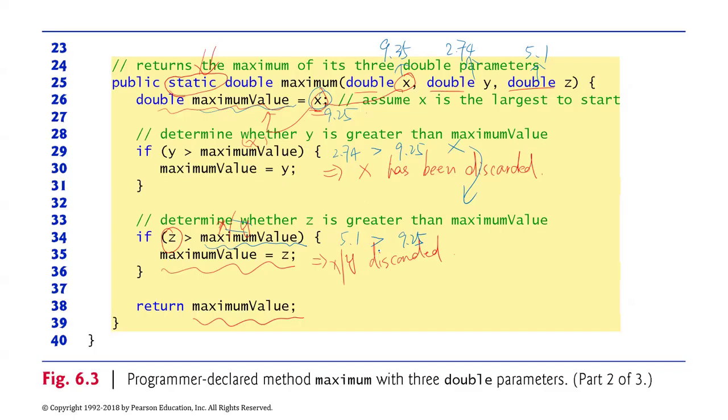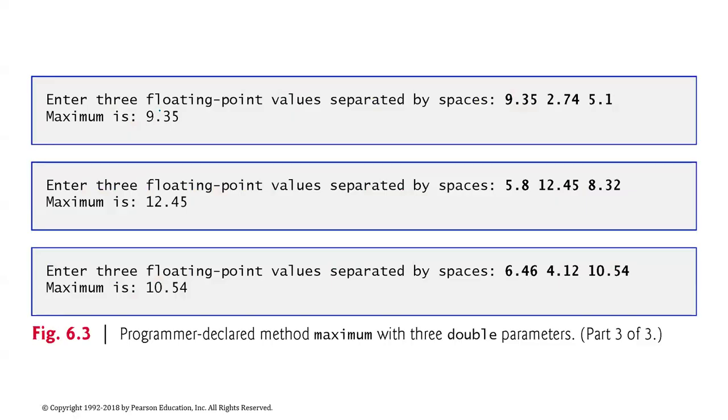But 5.1 is still smaller than 9.25. So here it is still not valid. So we will skip it, to the last line of the method. Then it will return the maximum value, which is still referring to x. So that means it is 9.25. So that's why the maximum is the first one. And for the second one and the third one, they also share the same logic flow to get the output.